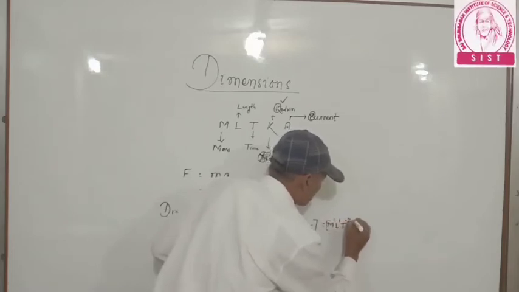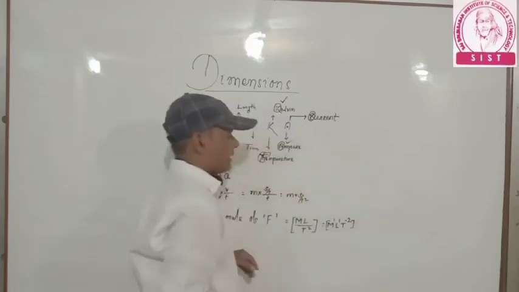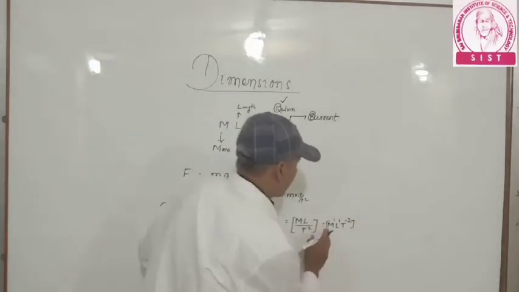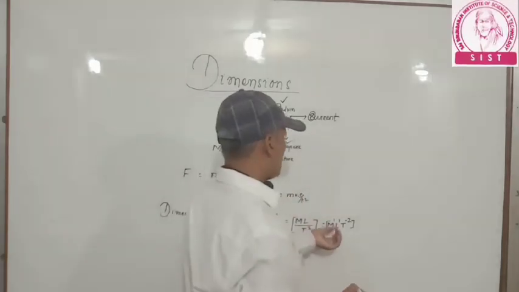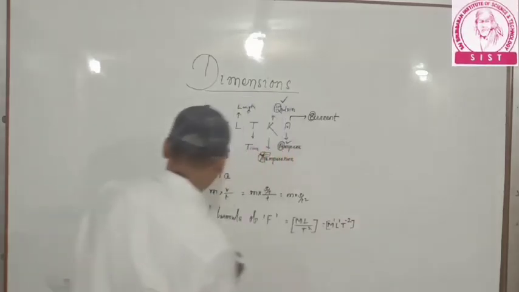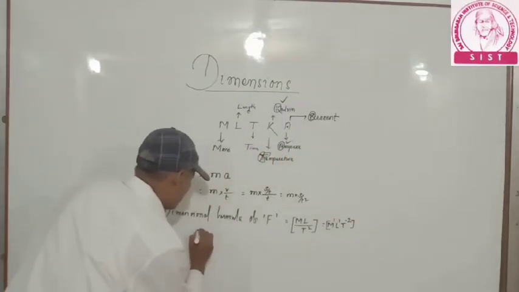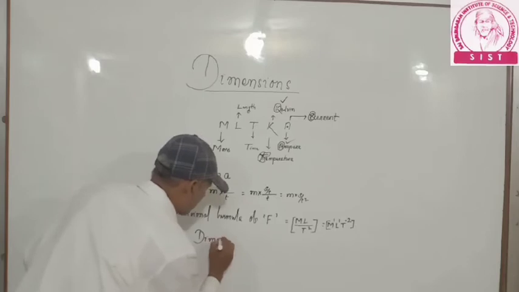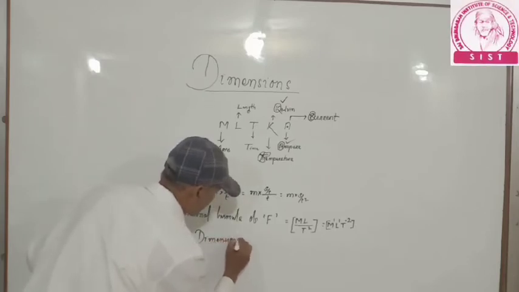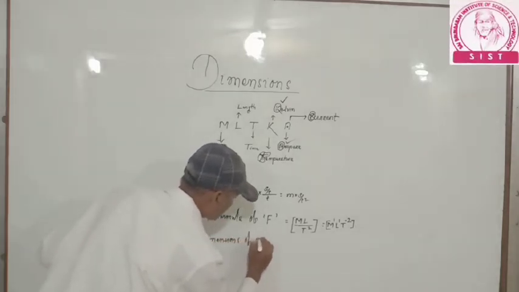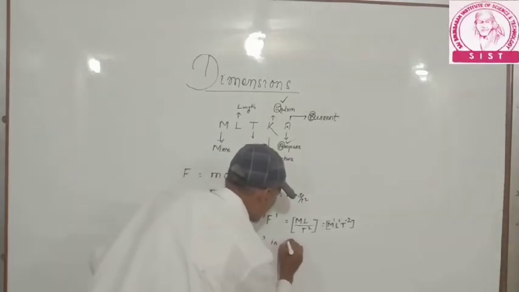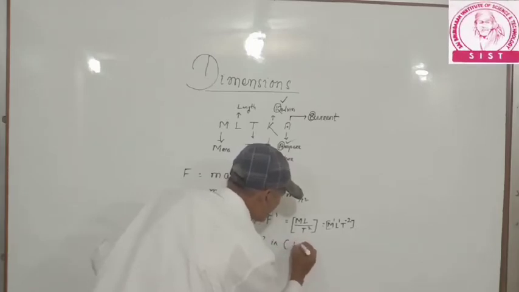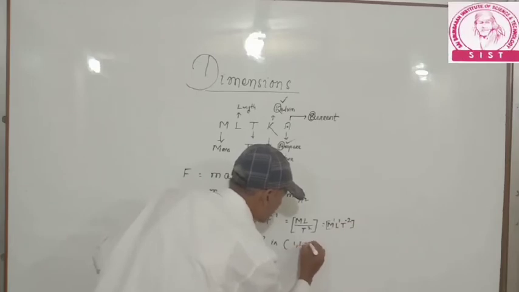And you have to keep it inside a closed bracket. m1 L1 t to the power minus 2. Here I am writing dimensions of f is 1 1 minus 2.